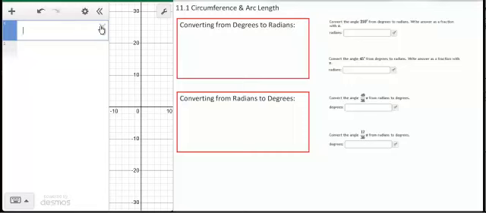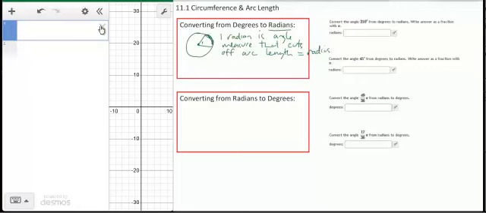So if you recall, 1 radian is the angle measure that cuts off an arc length equal to the radius of the circle. So when you find this arc length right here is the same as 1 radius, that represents 1 radian. And so that's what a radian is.